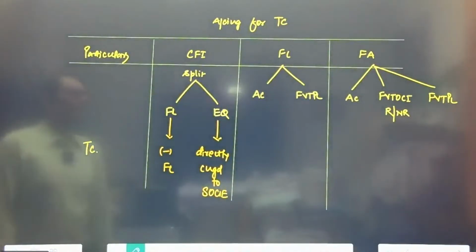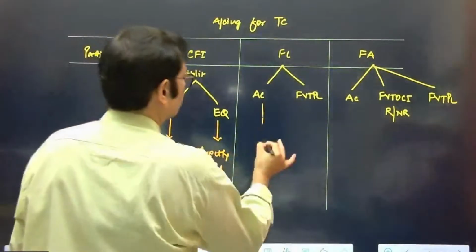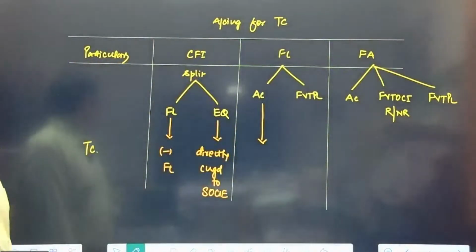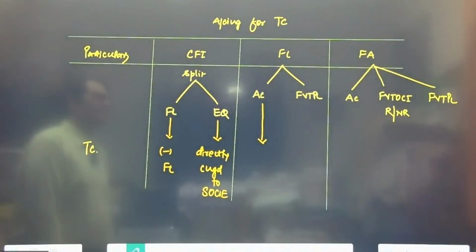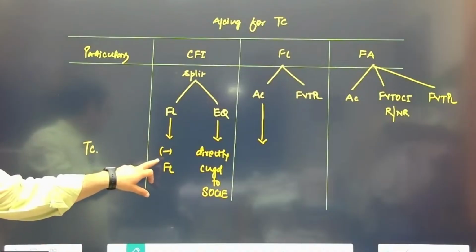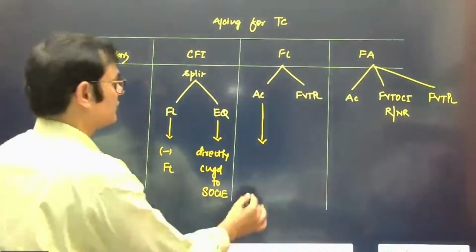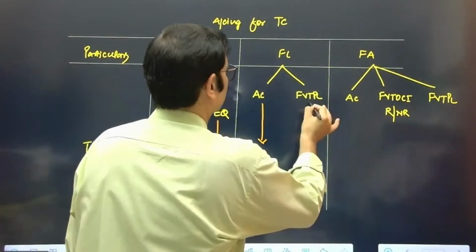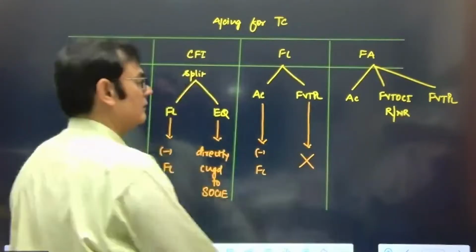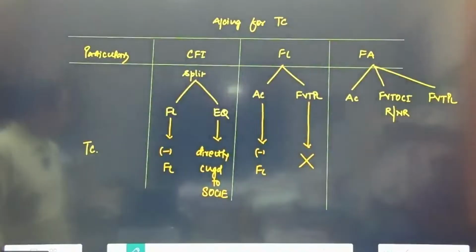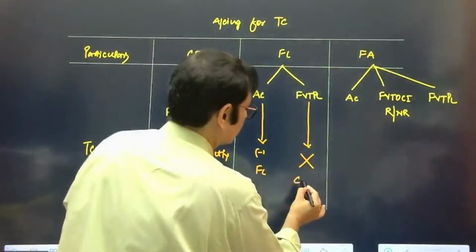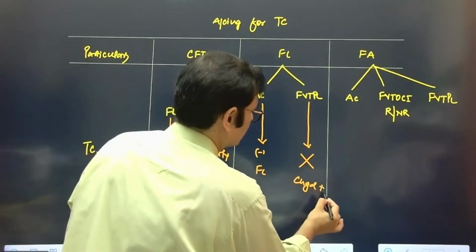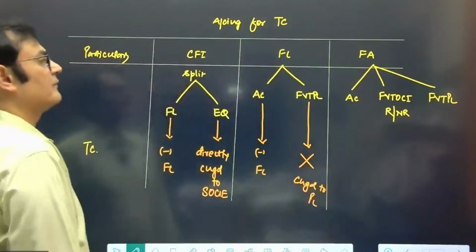In terms of financial liability AC, tell me what is the accounting treatment? We will reduce it from the financial liability, absolutely the same as CFI. And what about FVTPL? It is supposed to be charged directly to the P&L. Yes, it is charged to profit and loss immediately.